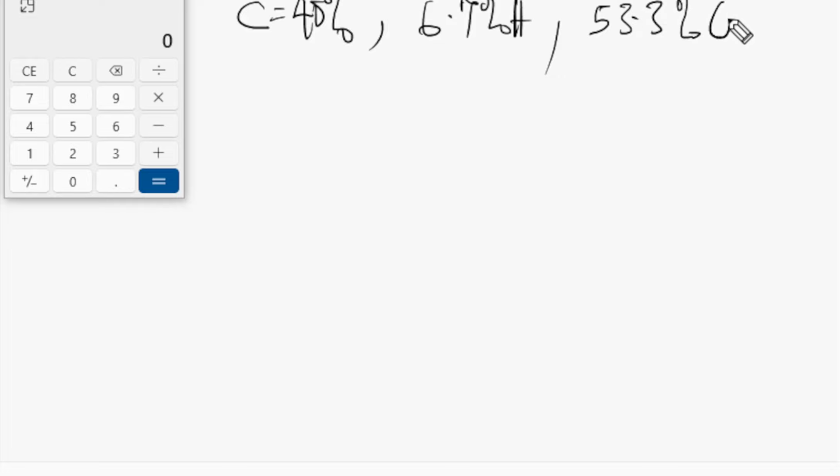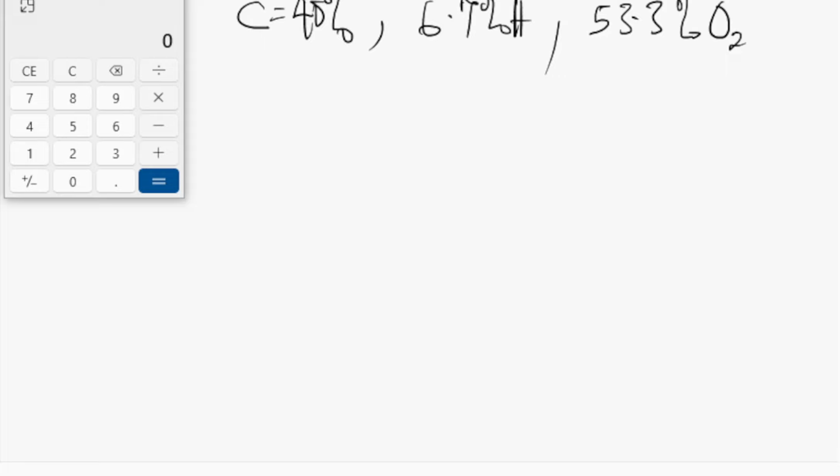The question says if the molar mass of the compound is 180, find the molecular formula. First of all, we are going to find the empirical formula for this.